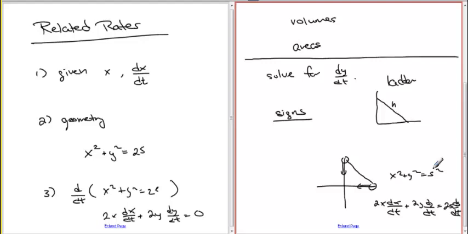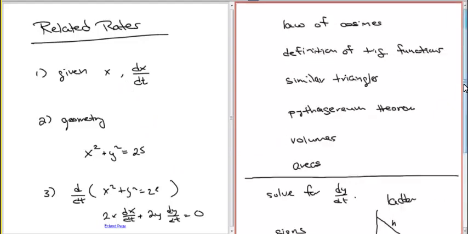So there is a related rates problem on the test. And again, you're given some information about the geometry. You'll also have to be given the rate of change of one part of the geometry with respect to time. Use one of these relationships. This may not be an exhaustive list, but it covers most of them.